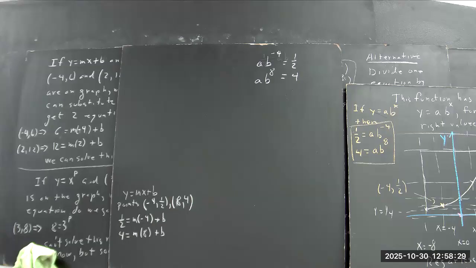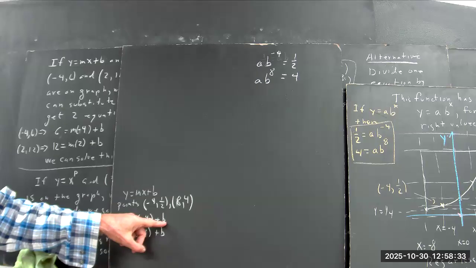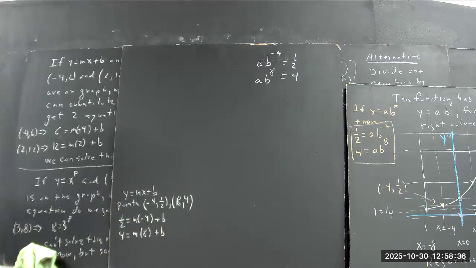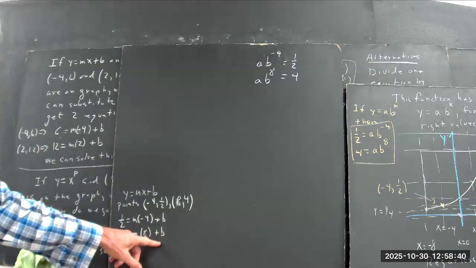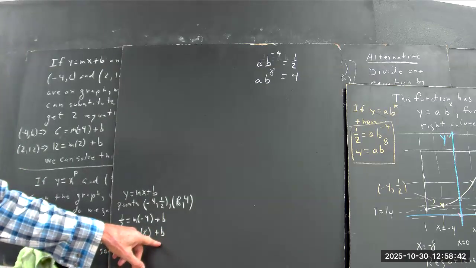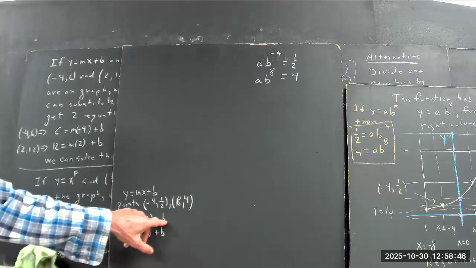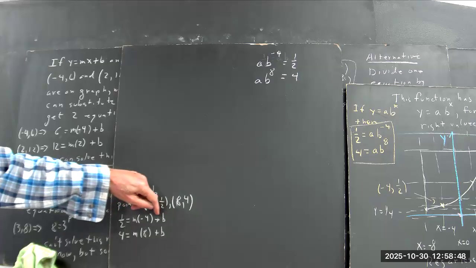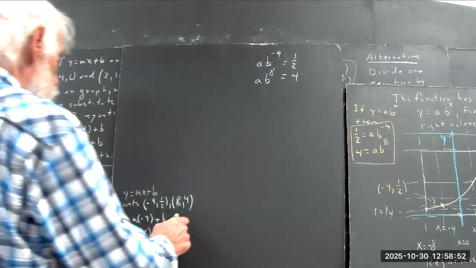Now, what we could do is solve the first equation for b, and then plug that value of b into the second equation. And we wouldn't have b anymore, because when we solve for b, the expression we get just has m as a variable.